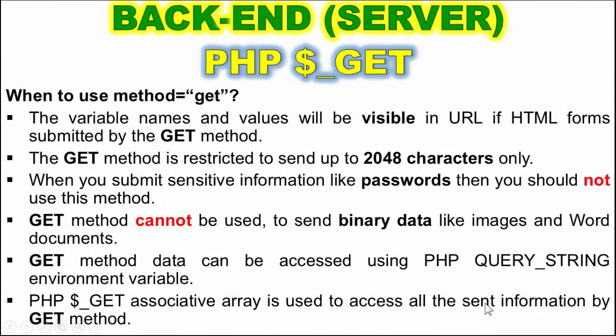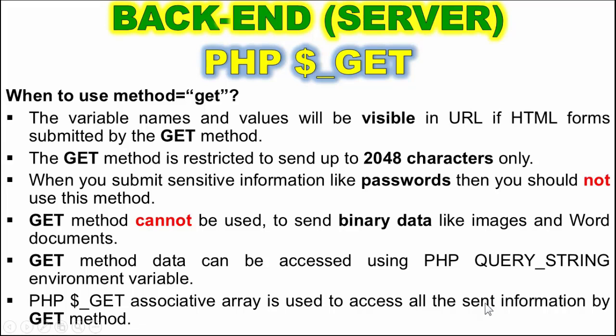When to use method get? The variable names and values will be visible in the URL if HTML forms are submitted by the get method. The get method is restricted to send up to 2048 characters only. When you submit sensitive information like passwords, you should not use this method.